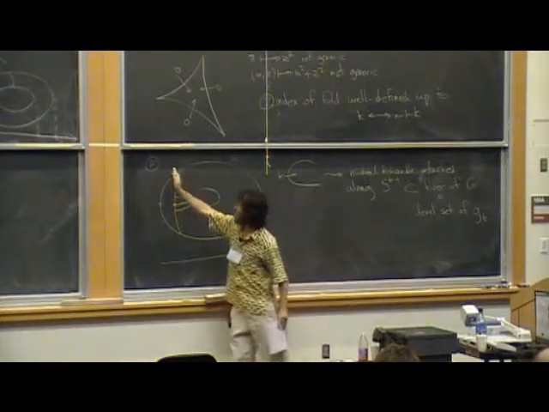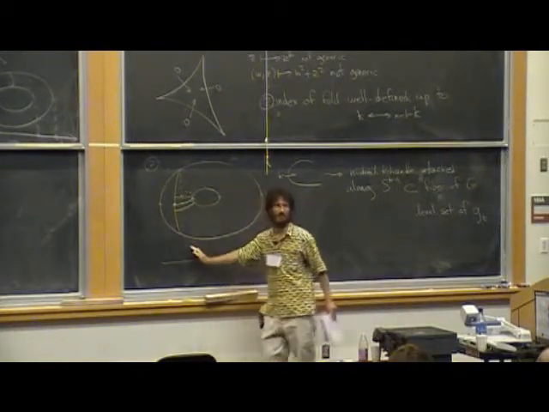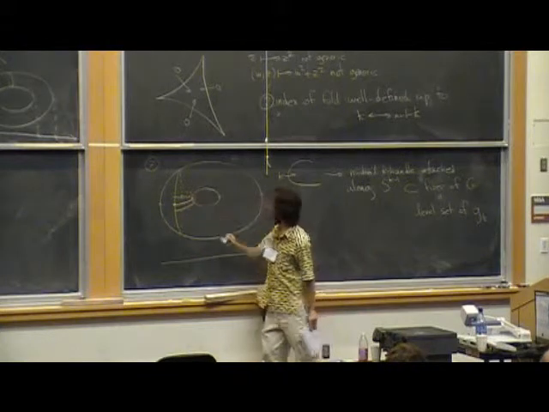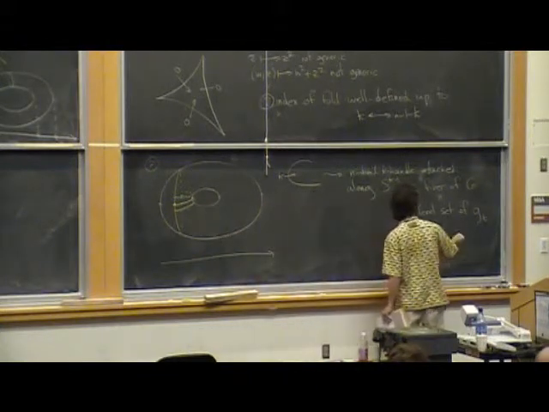In between here and here, there's a 1 parameter family of Morse functions, and it's contained in a level set of the vertical Morse functions.